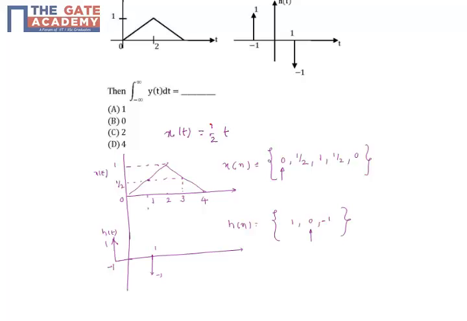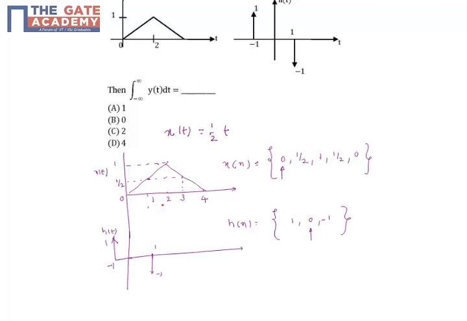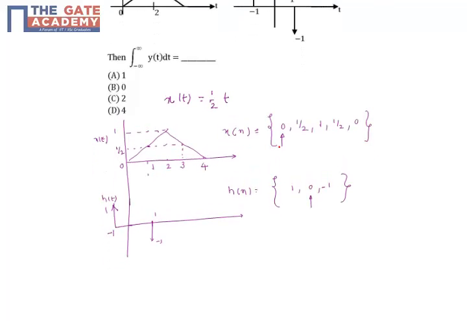Substituting t equal to 1, it is 1 by 2. Similarly, at t equal to 3 it will also be 1 by 2, because it is a symmetrical wave.